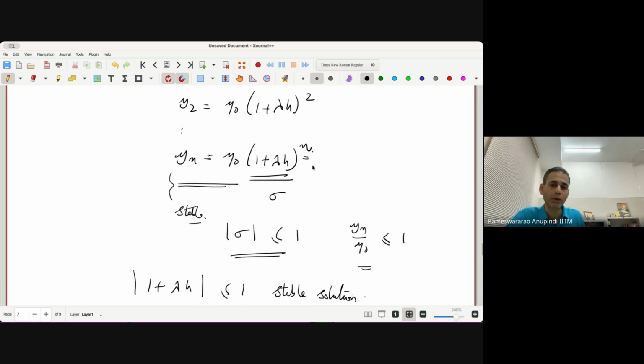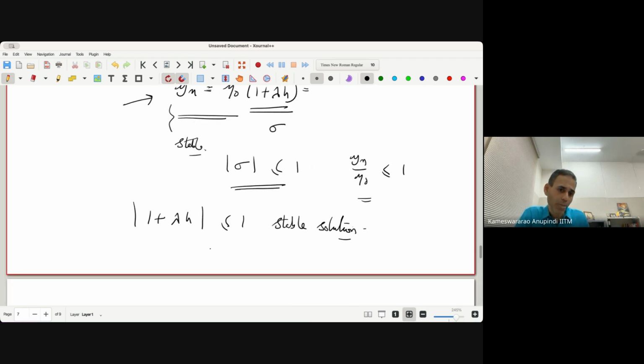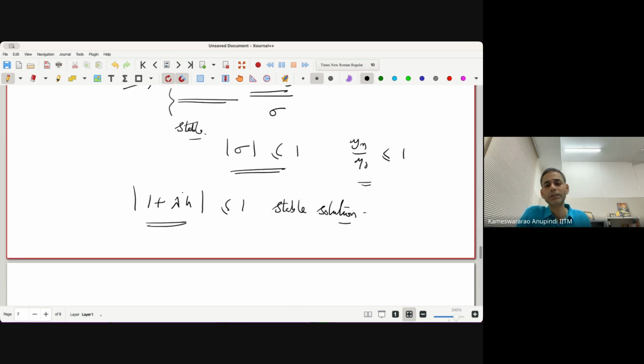Because of the simplicity, we are able to see this for the solution itself. Otherwise, we can think of it as the round off error growing at every step. Now, the modulus of 1 plus lambda h is less than or equal to 1. This is the condition we have obtained for the explicit Euler method.